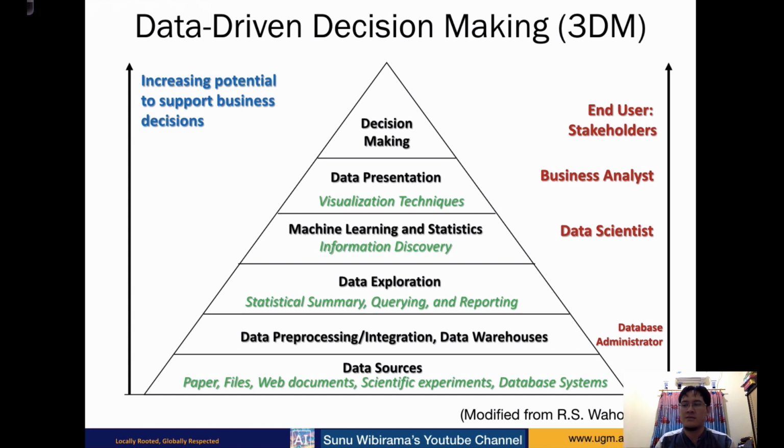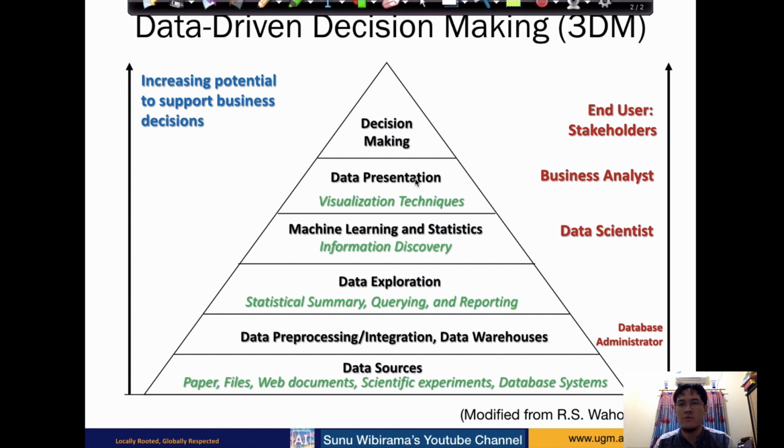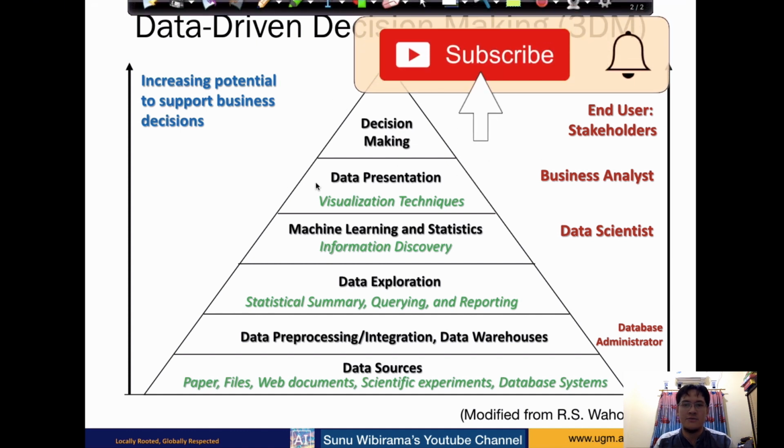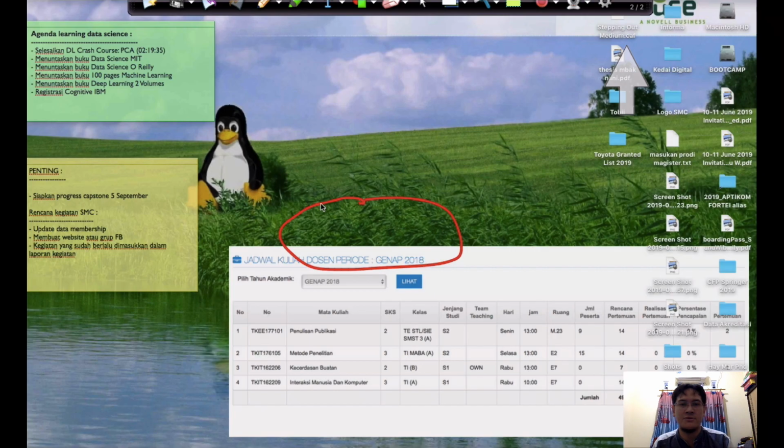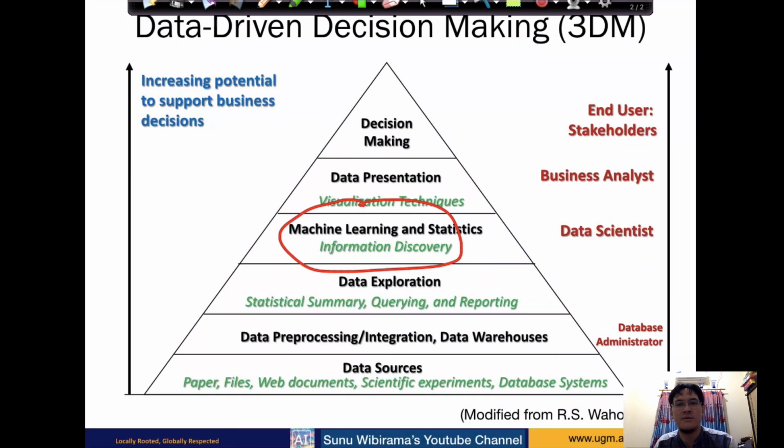So here the data scientist will play his role, using machine learning and statistics to discover the hidden information inside data. And then after that, they can contribute the information that they can reveal from the data to support all of the stakeholders to create better decisions in the business.